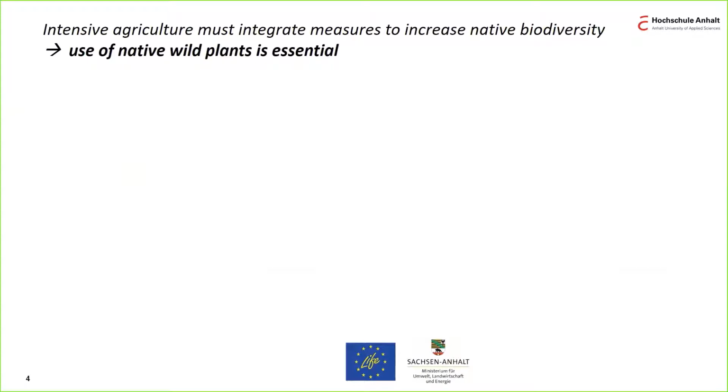Especially in intensive agriculture, we need to integrate measures to increase native biodiversity. And in doing so, the use of native wild plants is essential to reach a maximum benefit for insect species.